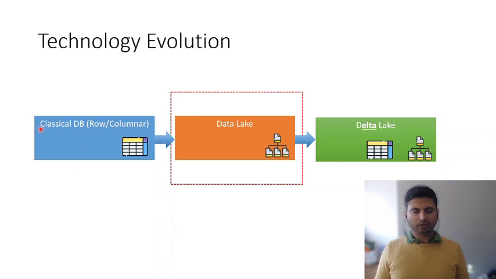What they say is, I'm going to store everything as a flat file, and it could be any format, JSON, CSV, anything. Once you store that data as a file, I'm going to process that data out. That way there is additional support for unstructured data, and you can process a huge amount of data in one go.